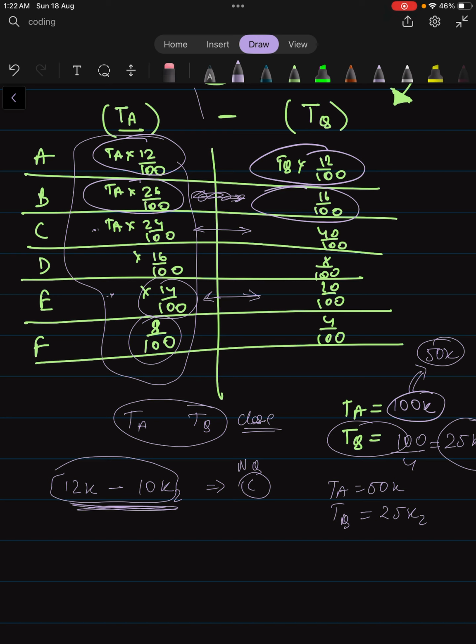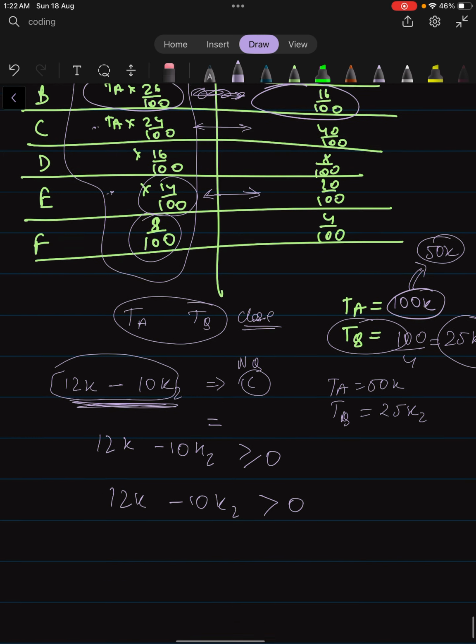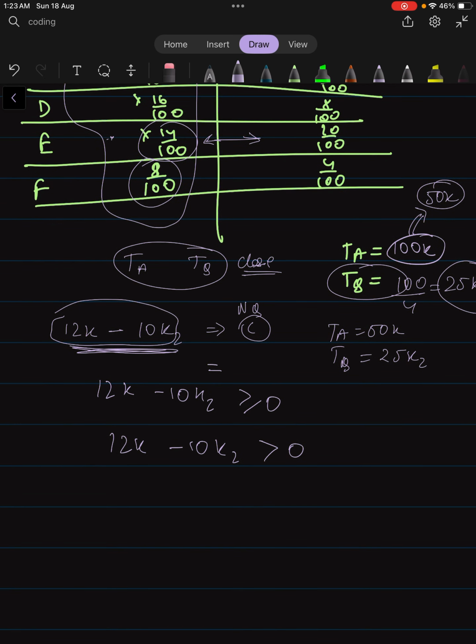Now, in order to make it most close, can we assume that nobody did not qualify in C? If this is the situation, this has to be greater than or equal to 0. Because we want minimum possible values for k and k2, let's assume k as 1, since k and k2 have to be integers, and k2 also 1.